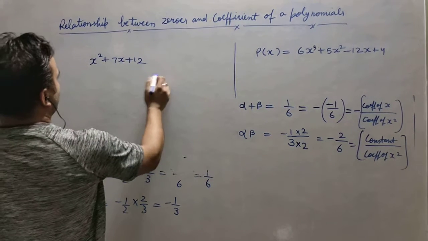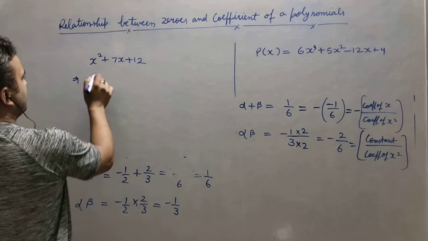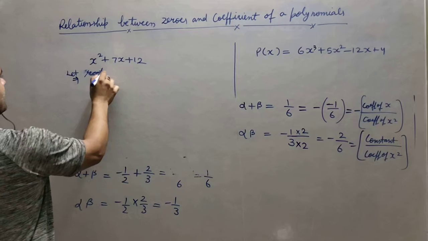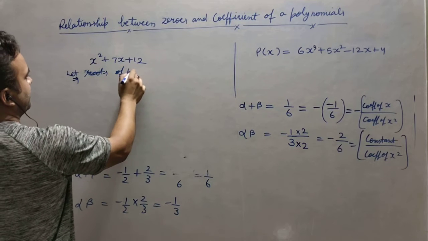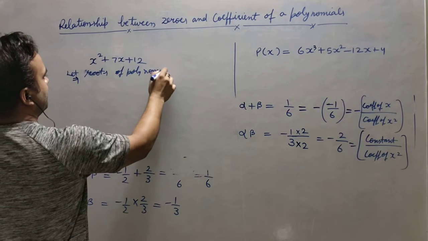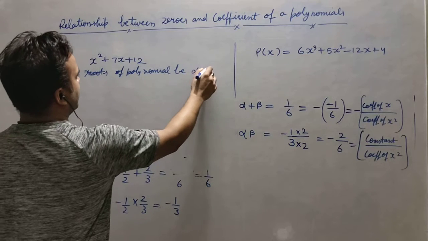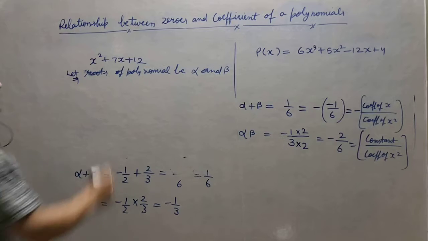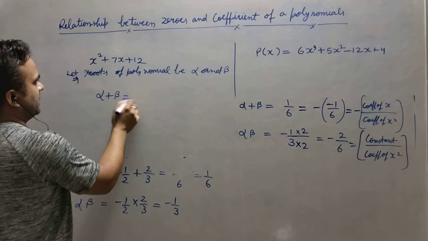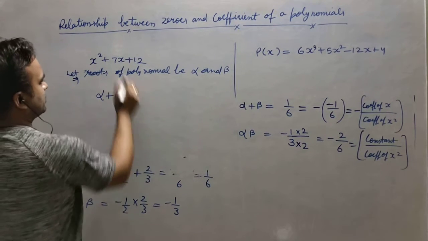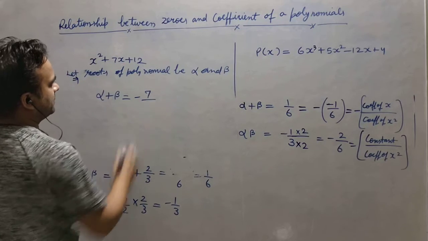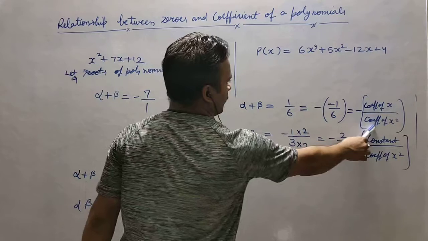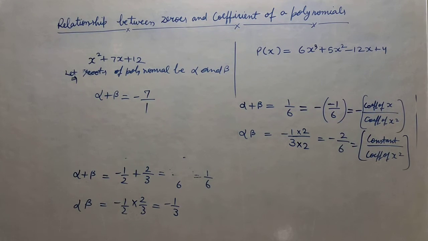Suppose I am saying, okay, let the roots of the polynomial be alpha and beta. We know that alpha plus beta is minus coefficient of x, which is 7, upon the coefficient of x square, which is 1.